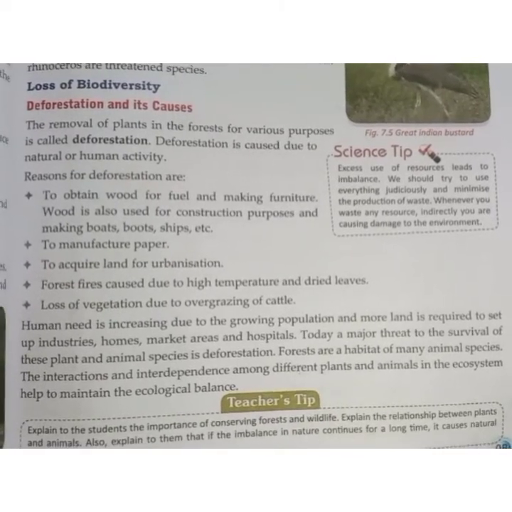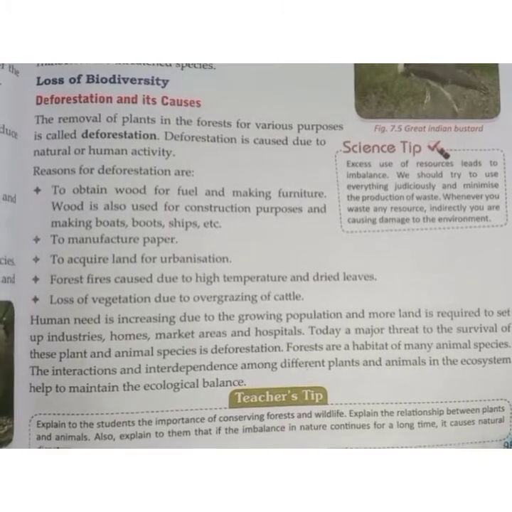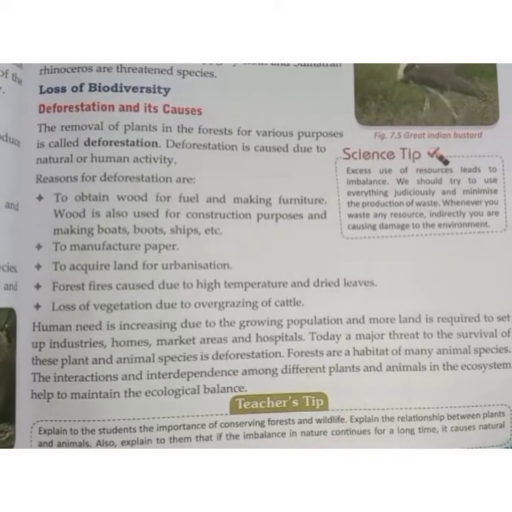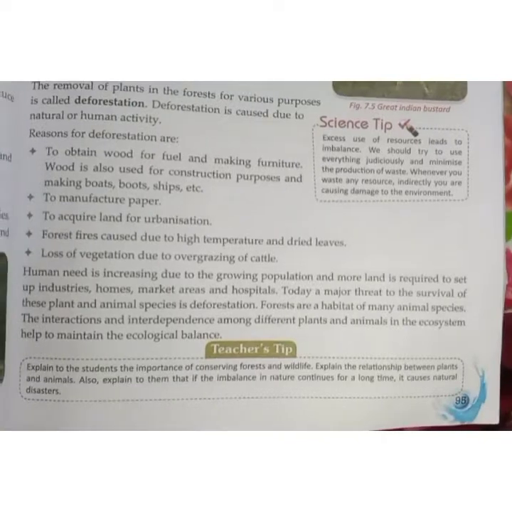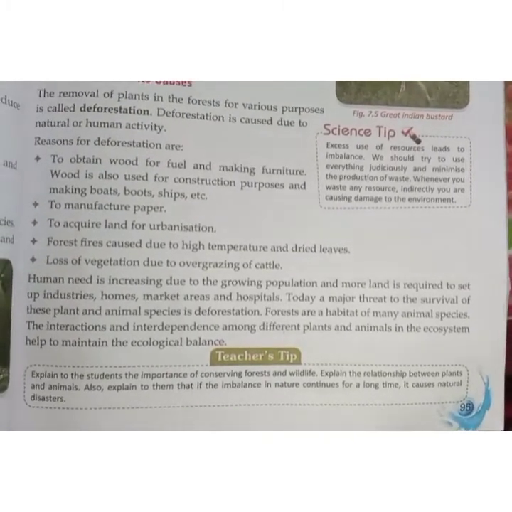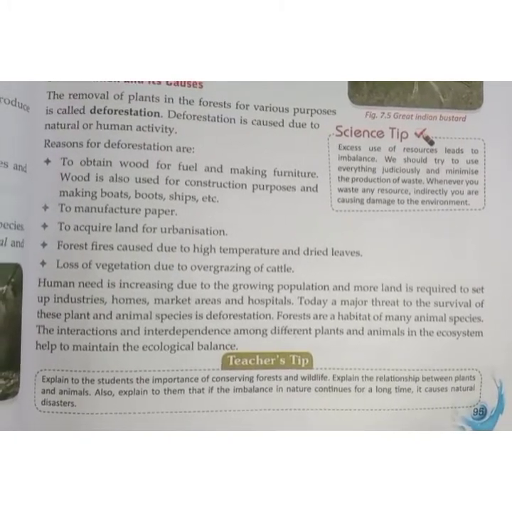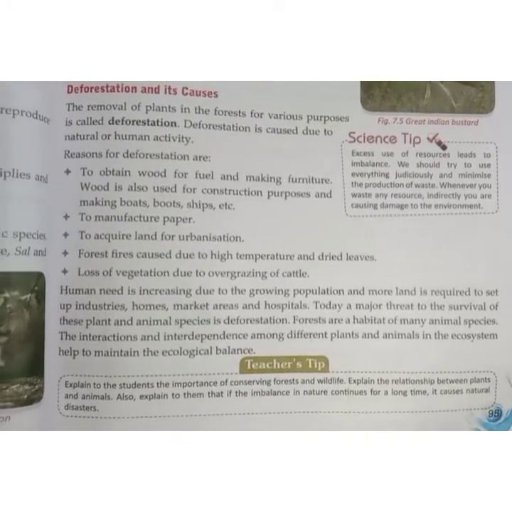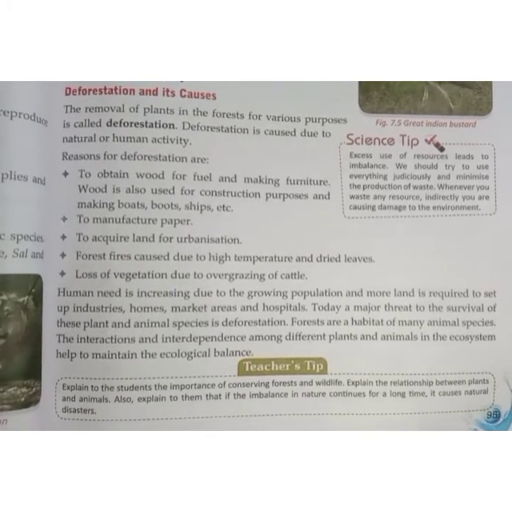Now, the interaction and interdependence among different plants and animals which balance the ecosystem is being disturbed, so many natural disasters are taking place. We all know one of the major natural disasters, termed an epidemic nowadays, that is coronavirus. So you all make an essay on coronavirus and submit it as one of your projects.